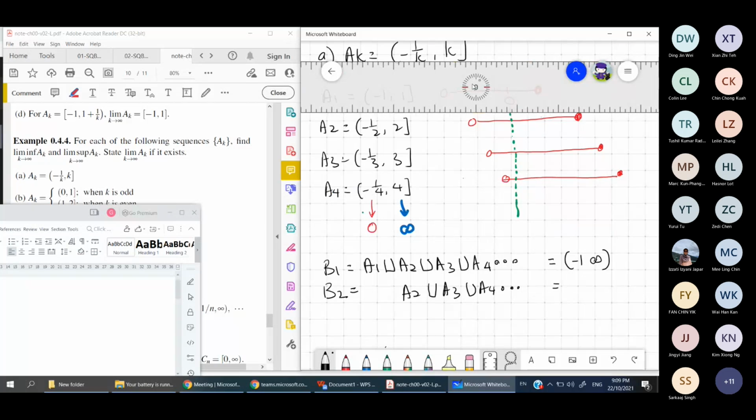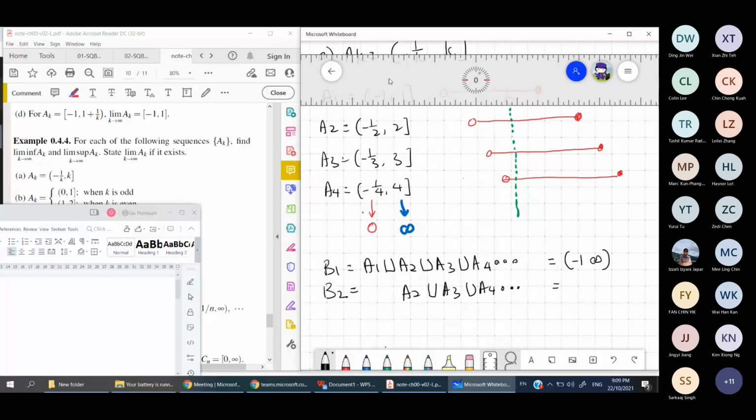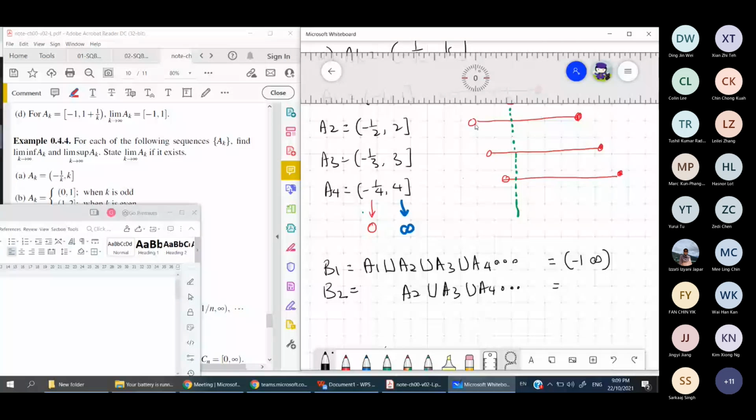We begin with A2, exclude this one. A2 joins with A3, joining with A4, and so on. So we can see this will remain here, and then we keep on adding, extending this to infinity. So you can see B2 ends up to be -1/2 to infinity, right?